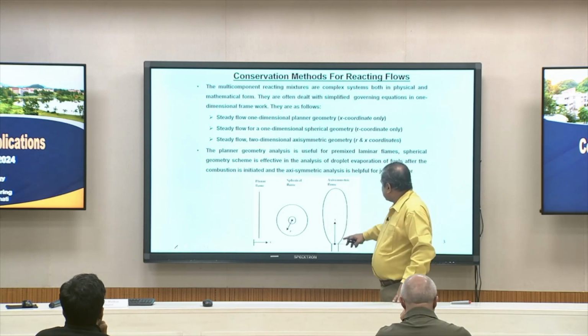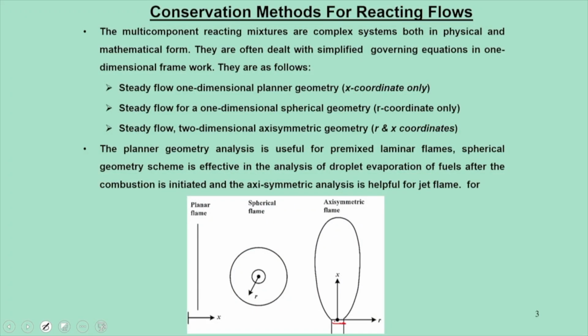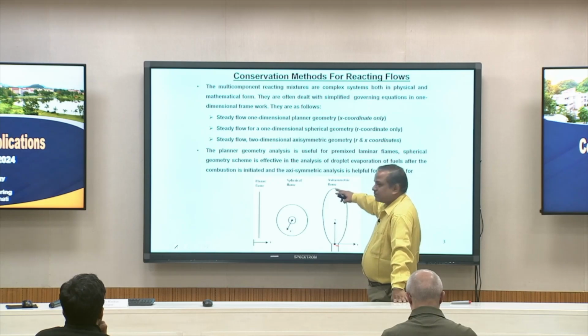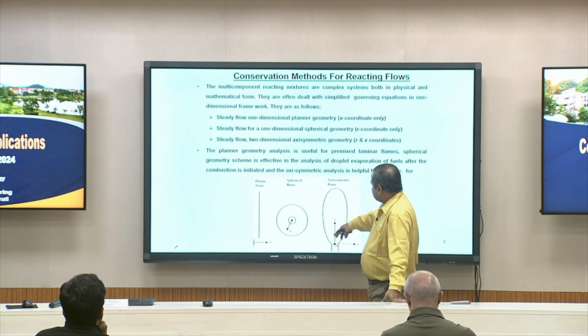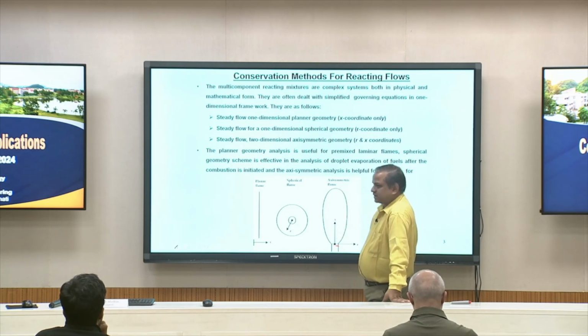Assume this is the diameter of the fuel nozzle: the jet comes out with a free boundary, and with this momentum it can go to a maximum axial distance. Along its axis the fuel strength is very high, which is rich, and when you go outside it becomes lean. So this is how fuel comes as a jet.